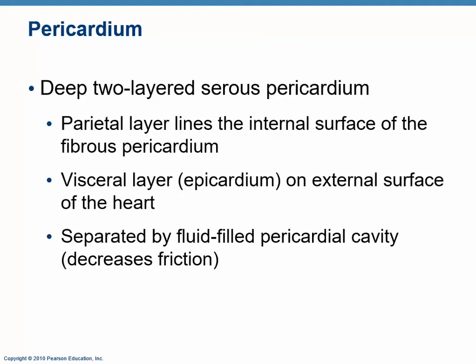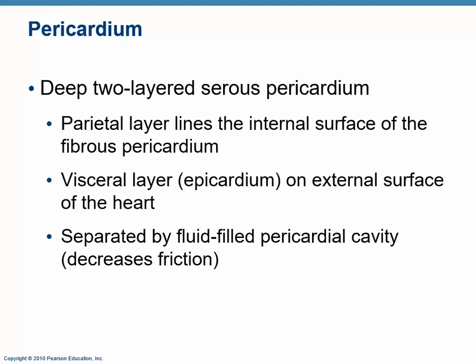This is a recurring theme. We're going to see this a lot in all the organ systems, everything that's located in the thoracic and abdominal cavities. There is a serous membrane that lines the cavity and coats the organ, and the space between them is filled with fluid, which is really just for lubrication, protection, nourishment, that kind of thing.